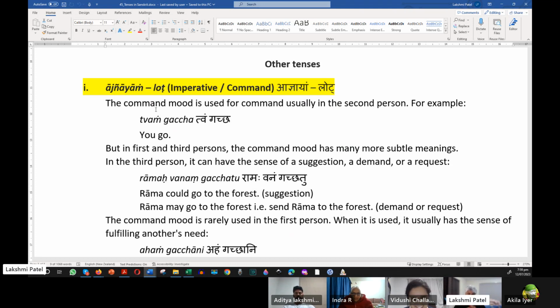Okay, so the Royal Highness is just an appellation which I have added. But Bhavan means it comes in that kind of meaning. So Bhavan gacchatu means Saha gacchatu. His Royal Highness may please go. Bhavati khadatu. Her Royal Highness may please eat.